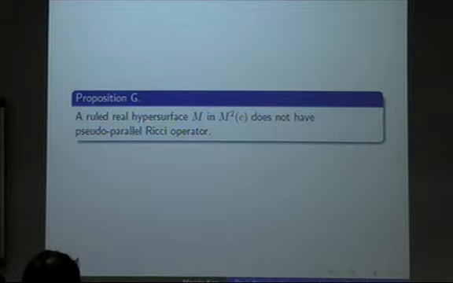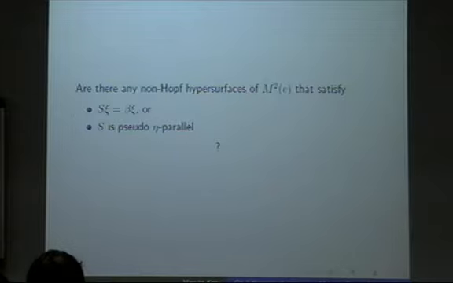But as yet, we don't have a result for whole real hypersurfaces in two-dimensional complex space forms. Are there any non-Hopf hypersurfaces of M2(C) that satisfy our conditions? This is my next problem.